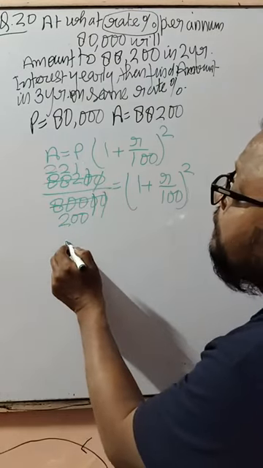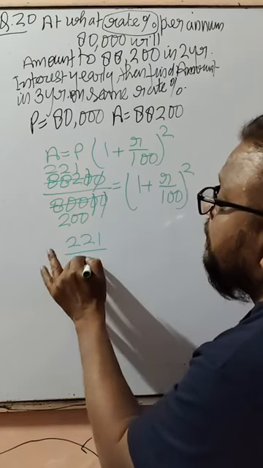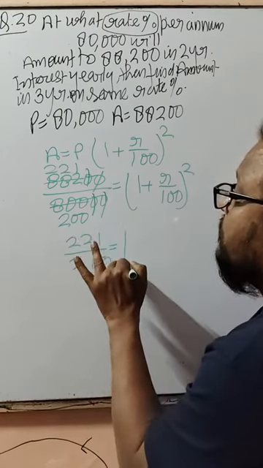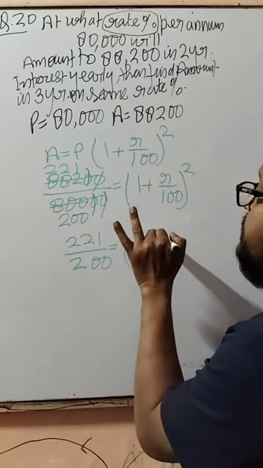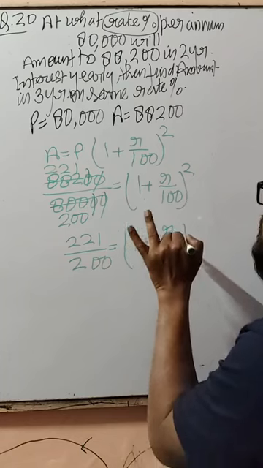So you get 221 upon 200 is equal to 1 plus R upon 100 raised to the power 2.